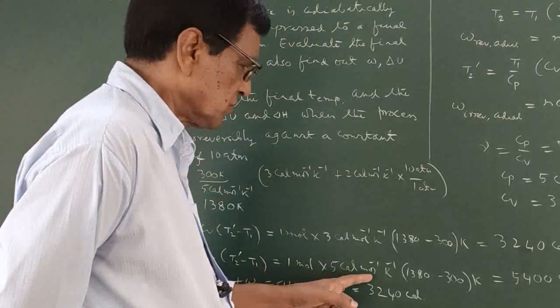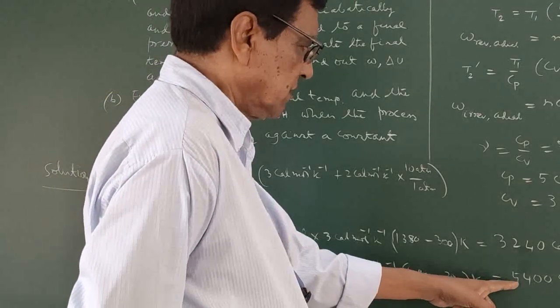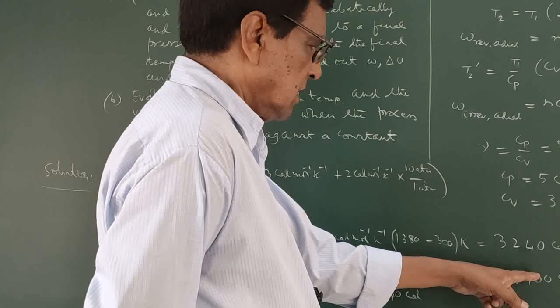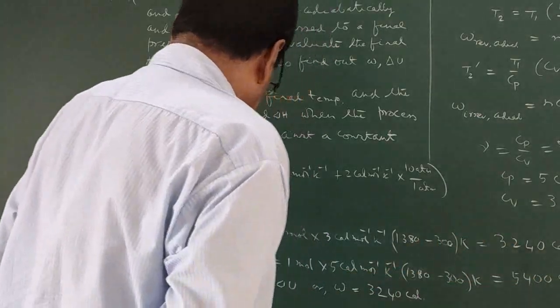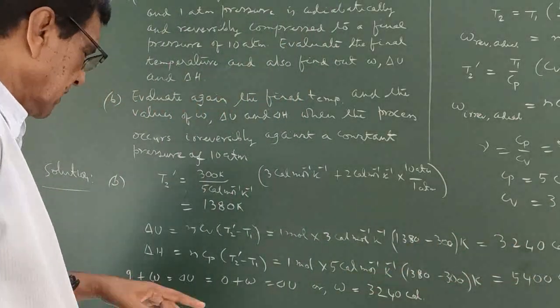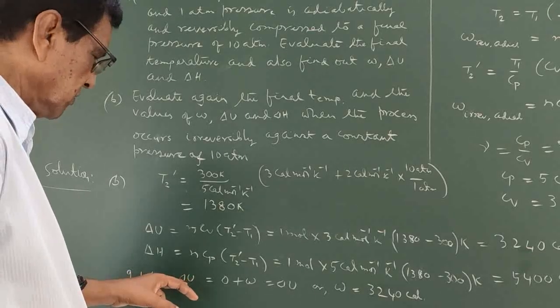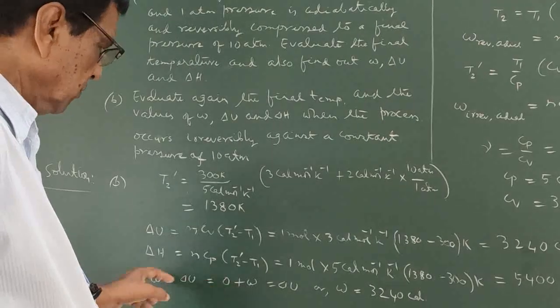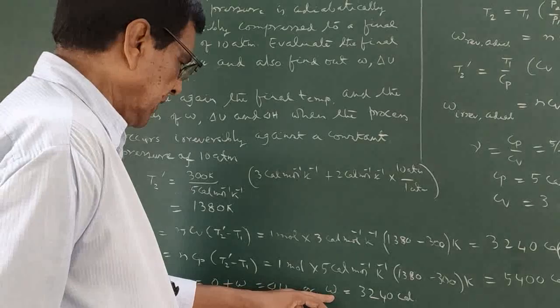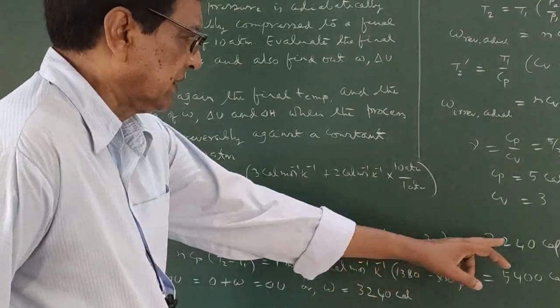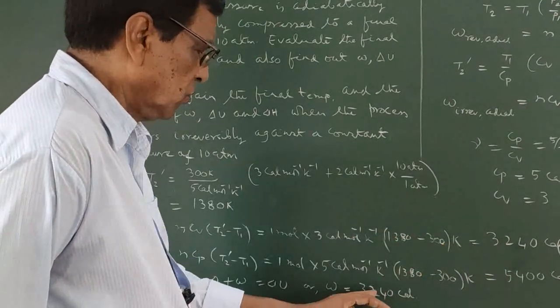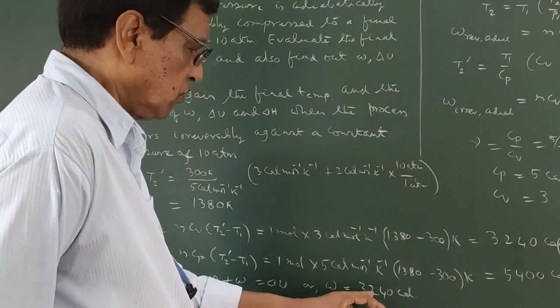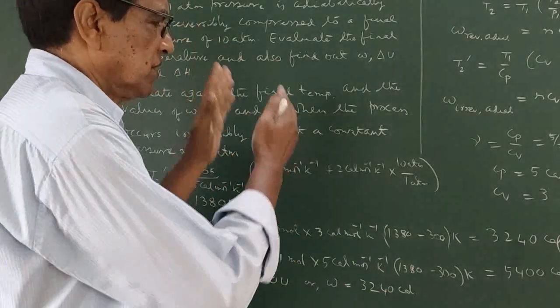So this value also comes to 5400 calorie. And for W similarly, Q plus W equal to delta U. So Q equal to 0. So W equal to the delta U, and delta U is this value, 3240 calories. This is all about these two problems.